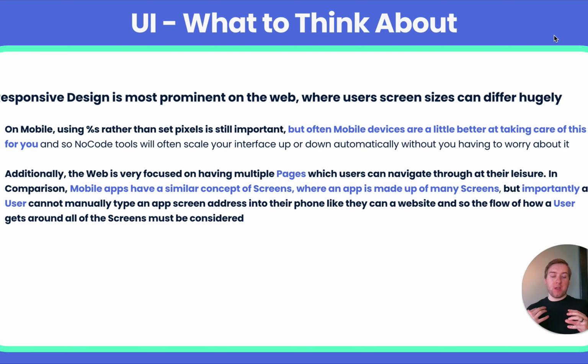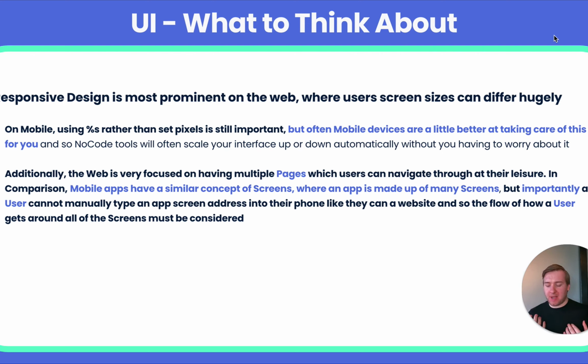So each page is quite individual and a user can arrive at that page any way they like. On the other hand, mobile apps have this kind of idea of screens, and it's quite different. Every person who downloads your mobile app is going to end up on the same screen.